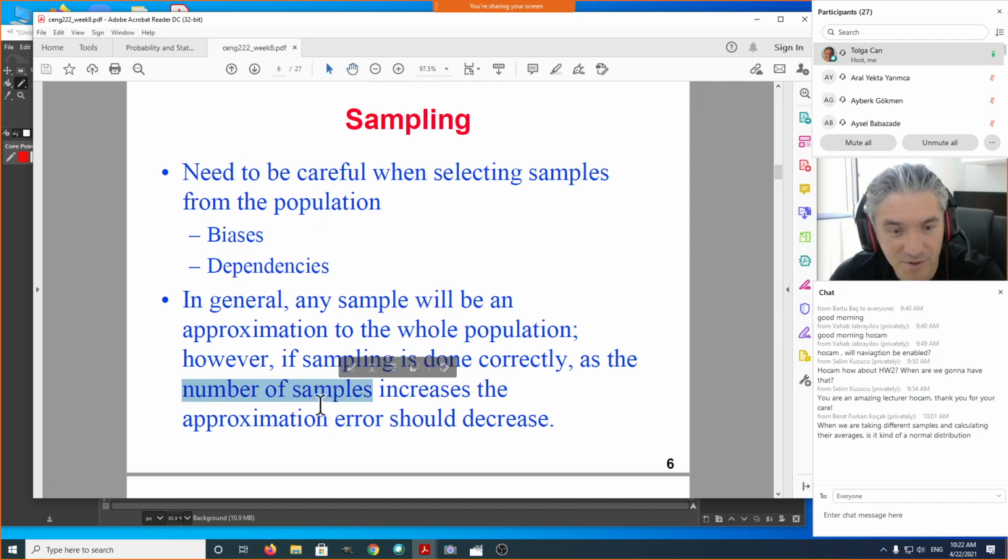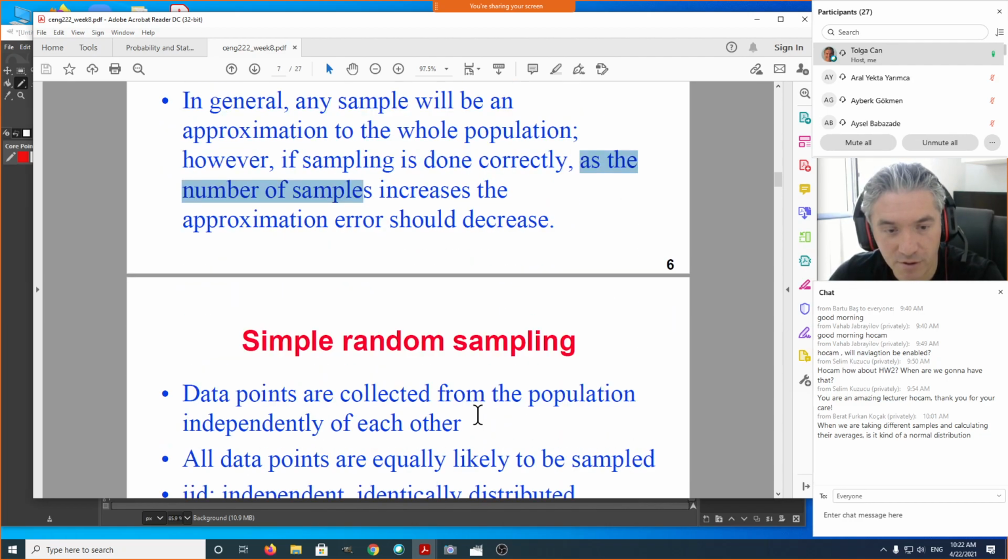I told you that you have to use the term sample correctly, but here I use samples as if they're data points. So I should correct the statement: as the size of the sample increases, the approximation error should decrease in general.